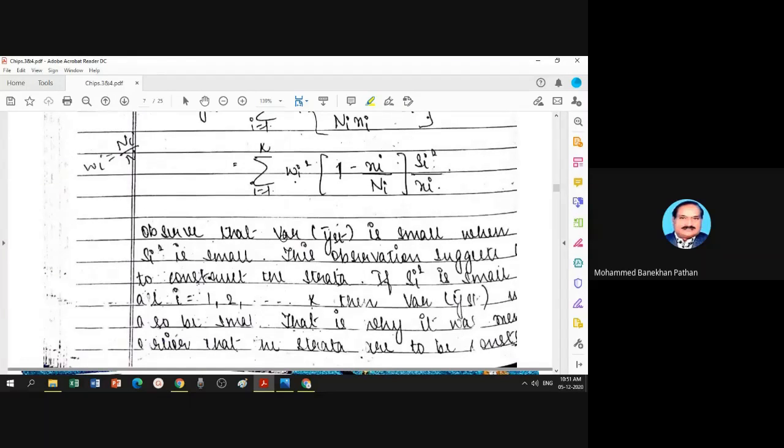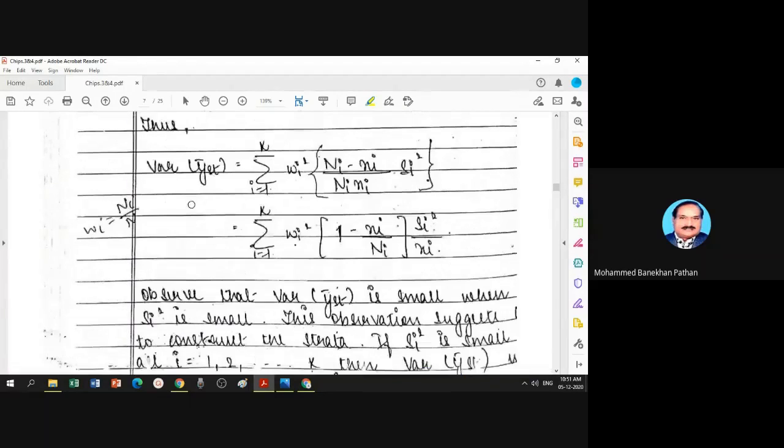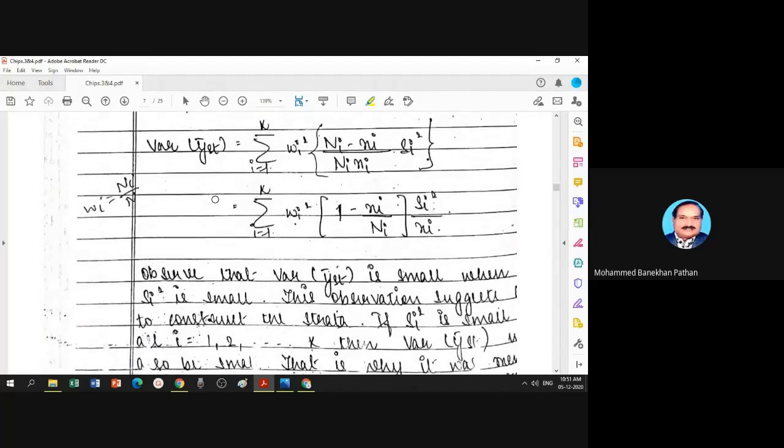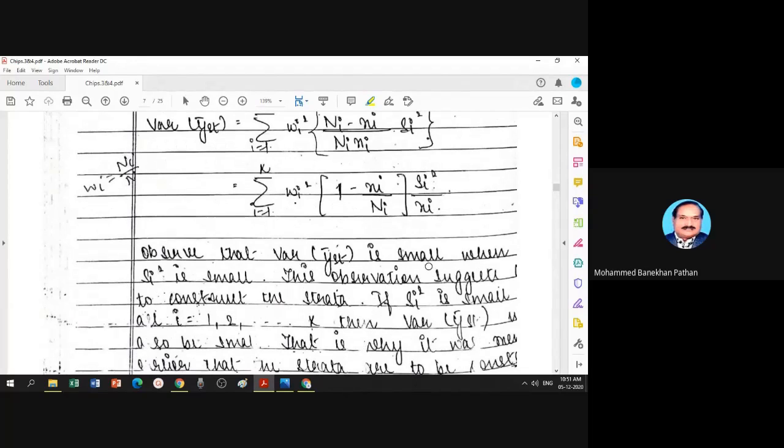Observe that the variance of y bar st, the estimate of the population mean under stratified random sampling, is small when Si square is small. So the variance of y bar st is directly proportional to the variation within the ith stratum.